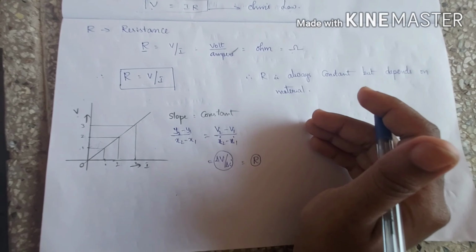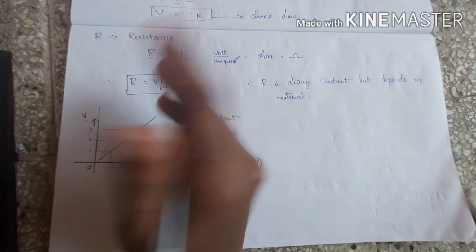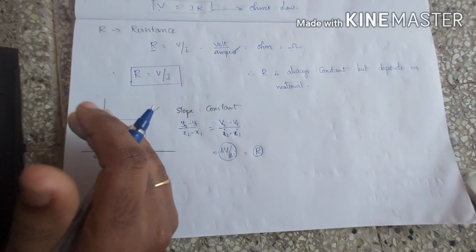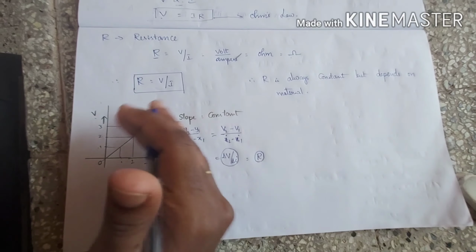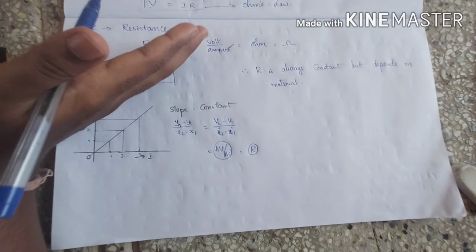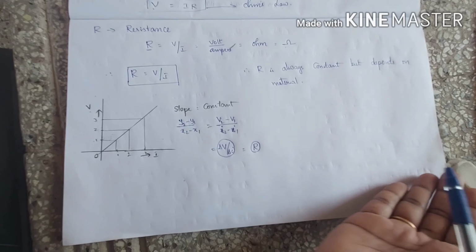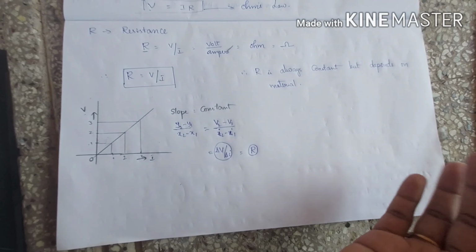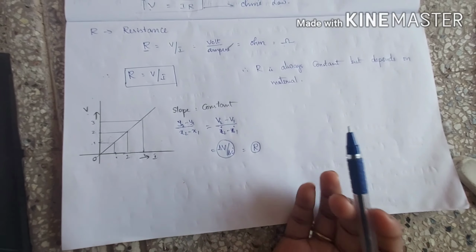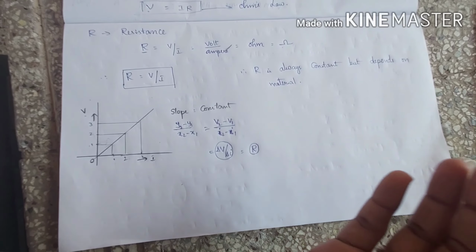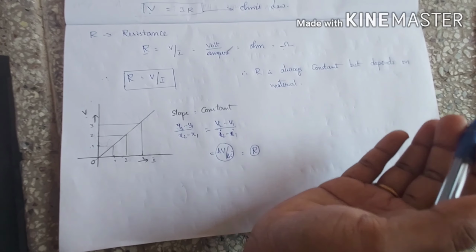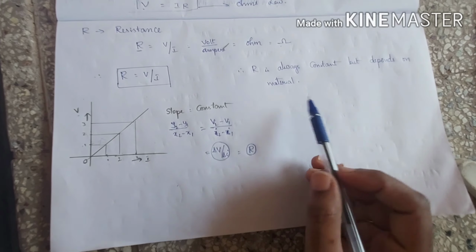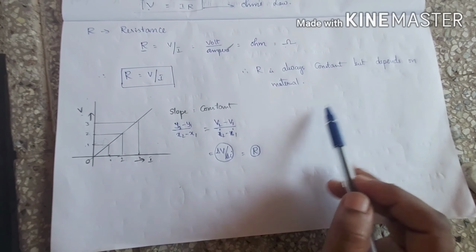If you take copper, the value will be low. If you take wood or plastic, the value will be very high, which makes copper a good conductor and rubber or plastic a poor conductor. So this resistance defines the nature of the material that we connect in a circuit. R is constant but depends on the material.